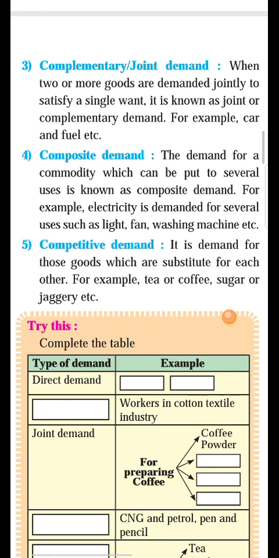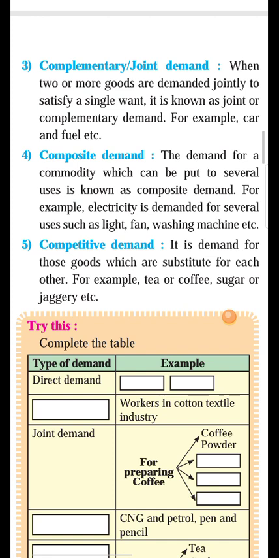It means when we purchase the car, we have to purchase the petrol jointly. When we purchase the chalk, we have to purchase the duster also. When we purchase the pen, we also purchase the ink jointly. When we purchase the mobile phone, we jointly purchase the SIM card also, because without a SIM card the mobile is not running.